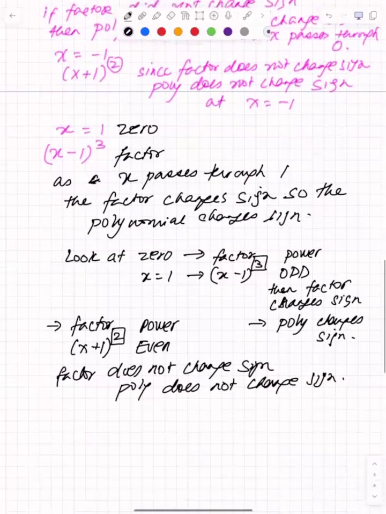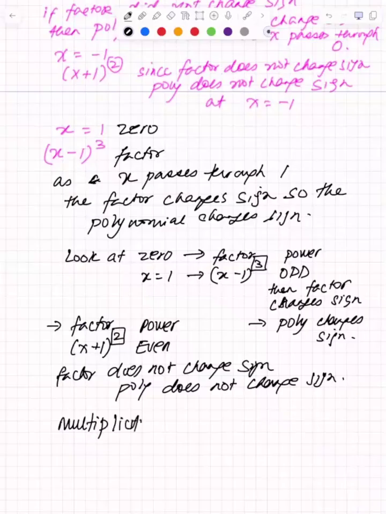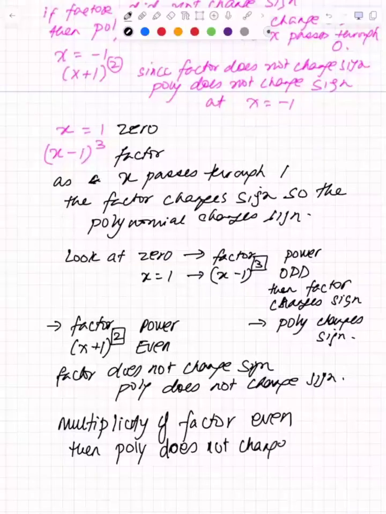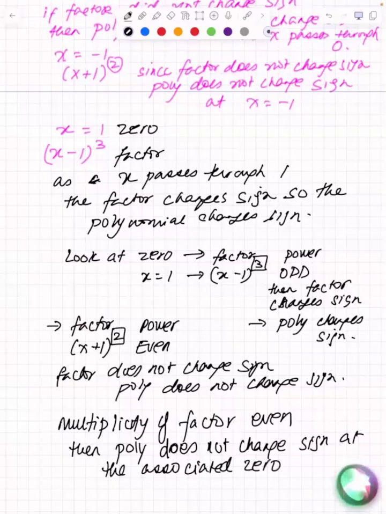Okay, so thing to keep in mind: if the multiplicity of the factor is even, then the polynomial does not change sign at the zero associated with that factor, correct?